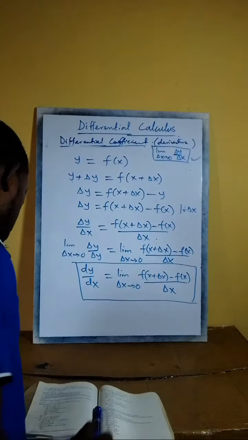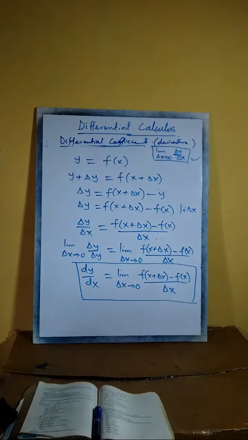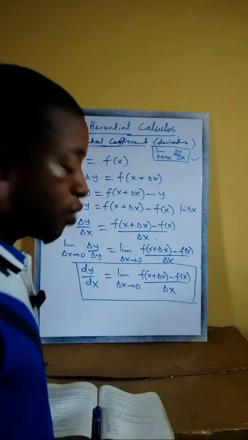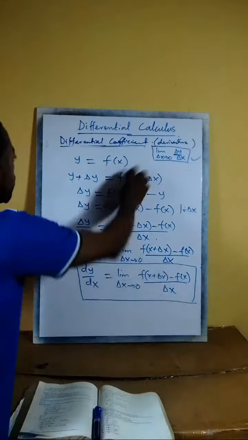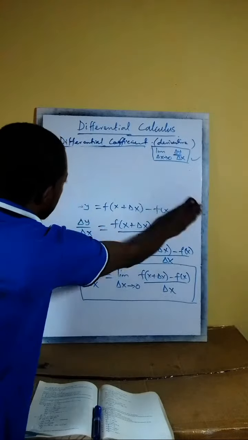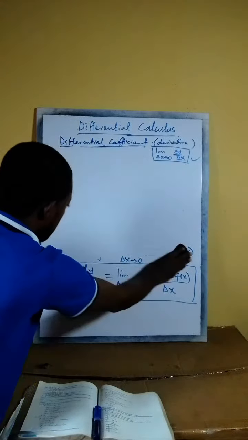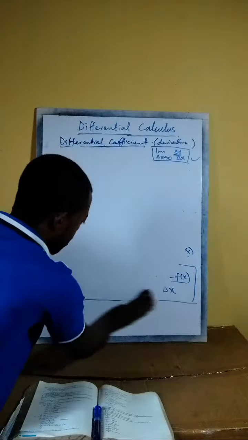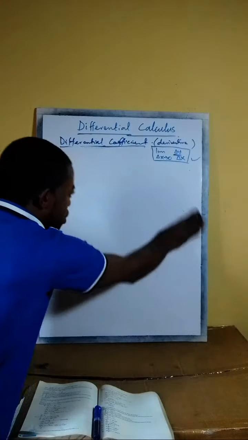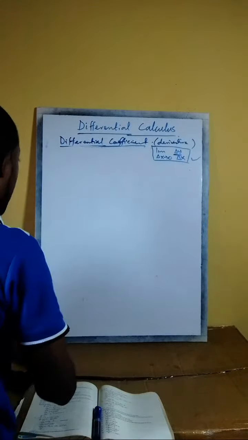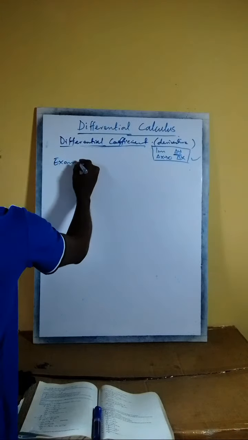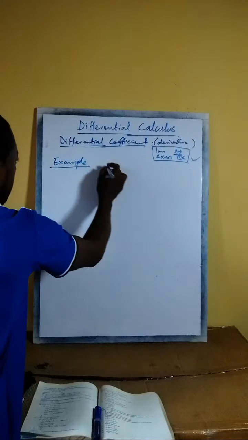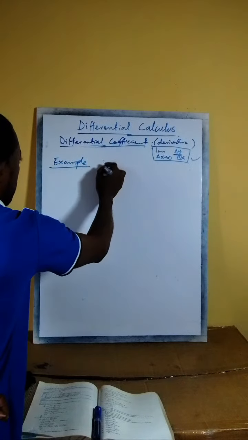Then we can apply this and see how it is used to differentiate a particular function. Now, example: differentiate, or find the differential coefficient of, the function y equals x squared from the first principle.